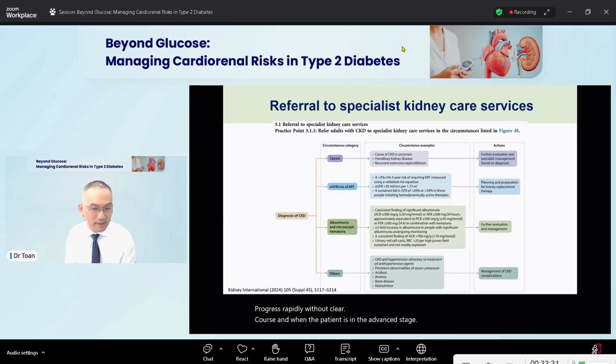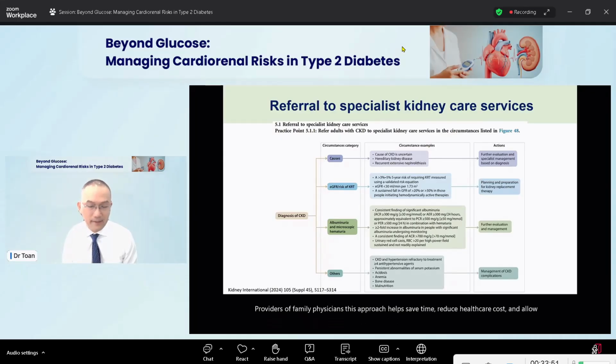Most patients with chronic kidney disease should be managed by primary care providers or family physicians. This approach helps save time, reduce healthcare costs, and allow for continuous follow-up. As you know, in our society today, the number of specialists is limited. That's why primary care physicians have more access.